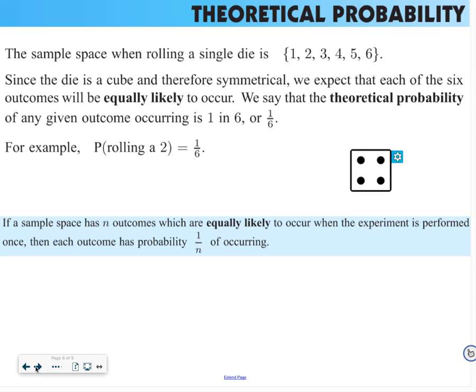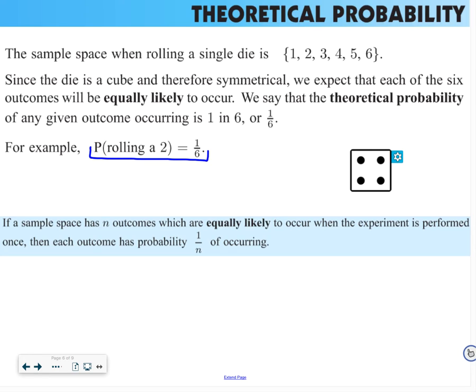Theoretical probability is very useful for us because we don't necessarily have to conduct experiments and do something over and over and over again, and we can really look at the theoretical mathematics behind some of probability.